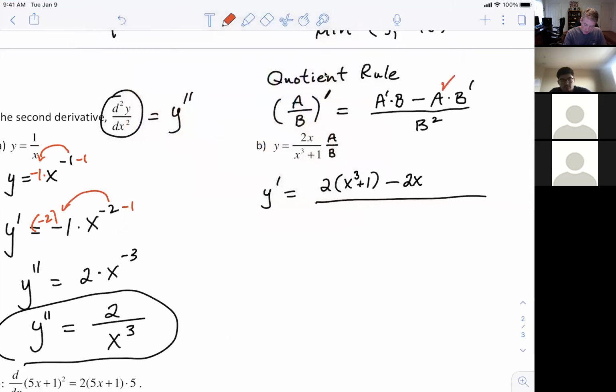And now take the derivative of the bottom one. And the derivative of x cubed is going to be 3x squared. And the derivative of 1 is 0. So it's 3x squared plus 0, or just 3x squared. And then for the last part of the rule, square the bottom.